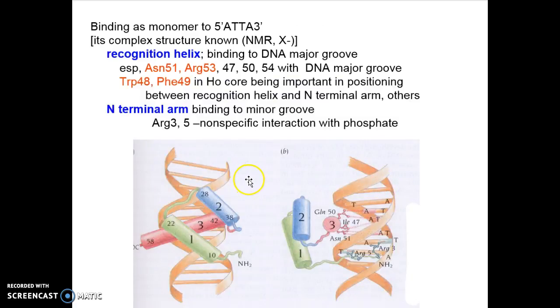The binding is different from the prokaryote. A single monomer could bind to the major groove. The way it binds is similar to the prokaryotic helix-turn-helix. The recognition helix binds to the DNA major groove.